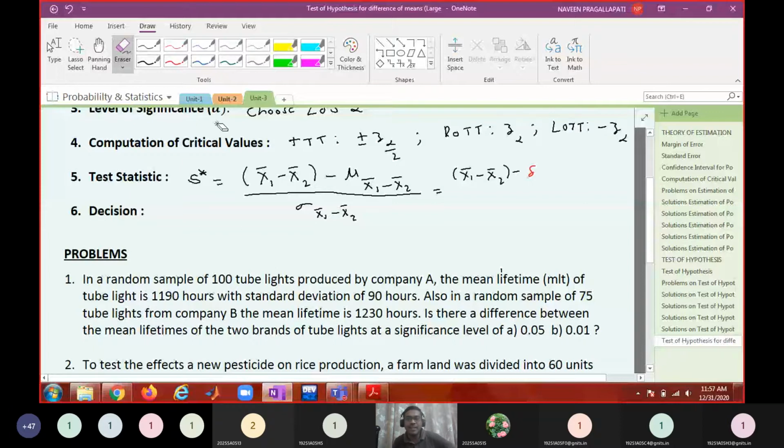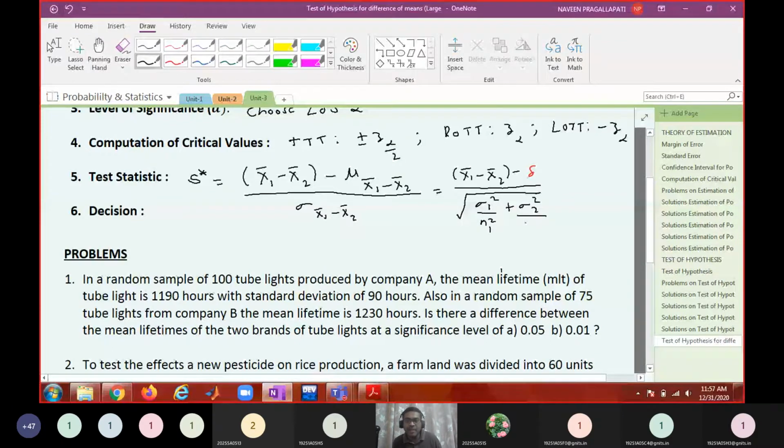So this is delta divided by, and there is a result saying that the standard deviation of the sampling distribution of difference of sample means is given by under root of sigma 1 square by n1 plus sigma 2 square by n2.